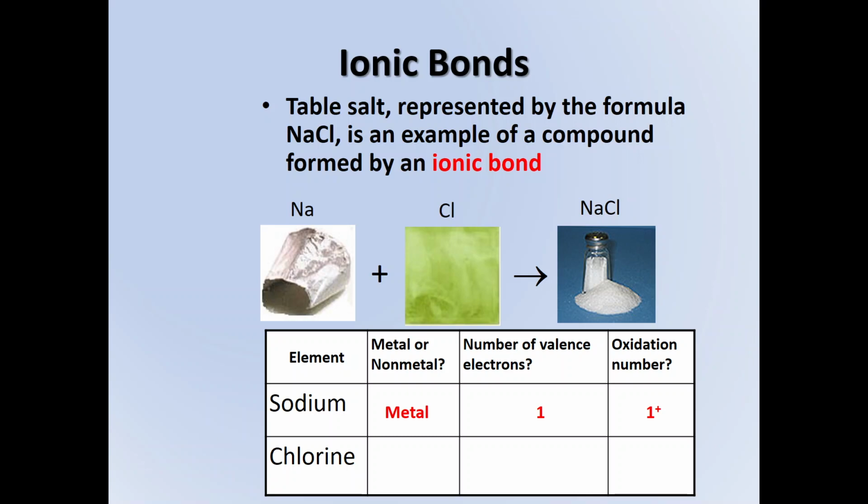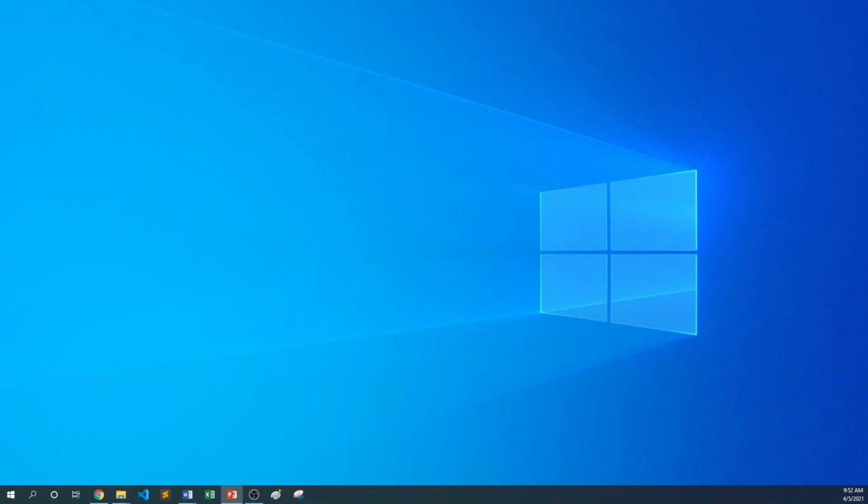So sodium is a metal. It has one valence electron. And it's asking about oxidation number. Oxidation number, I'll give you all a proper definition. We are going to ignore the proper definition.